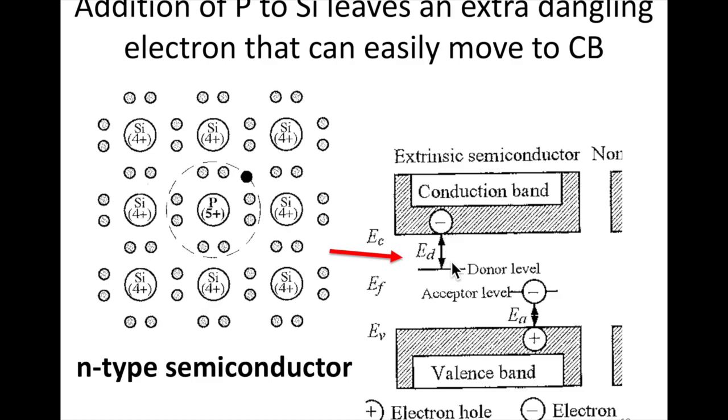So basically it is more weakly attached to the valence band, and so it's easier to promote that electron to the conduction band. So typically this small amount of energy is readily available at any temperature, and so we can think of that as a free electron because it's already been promoted to the conduction band. So it's either already in the conduction band or can be easily promoted to the conduction band.